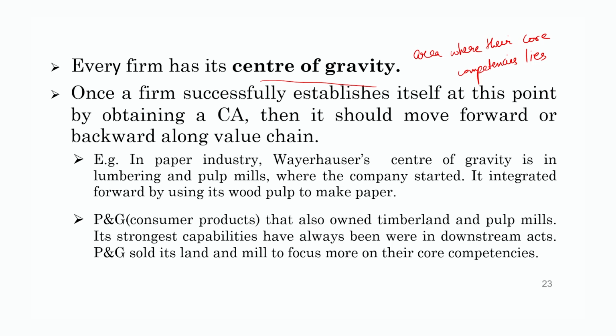It's important that a company should establish itself at its center of gravity first, and then move forward or backward in the value chain in order to achieve other advantages such as low cost or guaranteed access to raw material or guaranteed access to distributors.